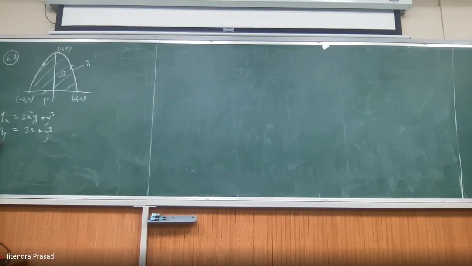But how to do it? You first find out q equal to qx i plus qy j. The first thing will be the left hand side, that is the integral of divergence of q over the area.